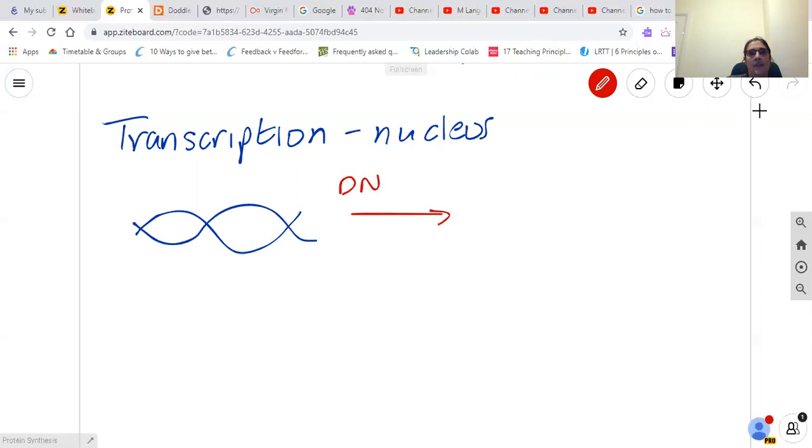The enzyme that does this is DNA helicase. And DNA helicase breaks hydrogen bonds. This is one of the few times that you're allowed to use the word breaks in terms of a bond, because it's not a covalent bond, it's a hydrogen bond, which is a bond holding the complementary bases together. So our DNA will unwind.